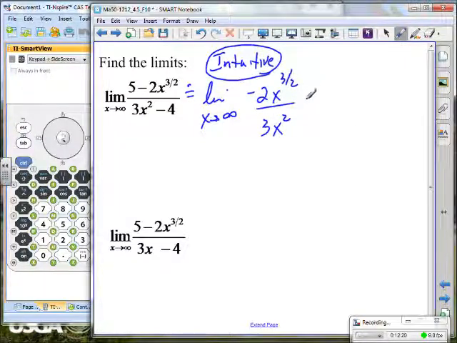Now, if I have this fraction instead of the one I started with, I could say it's the limit as x goes to infinity, and I get a negative 2/3, and I subtract in the denominator, so I have negative 2x to the 1/2 power, which is equivalent to what?